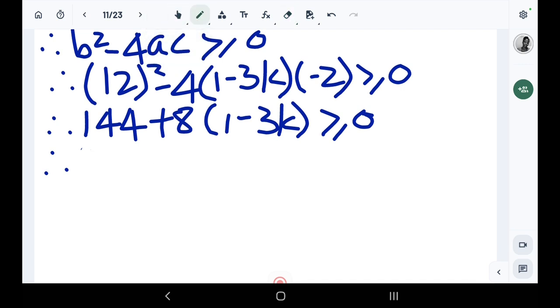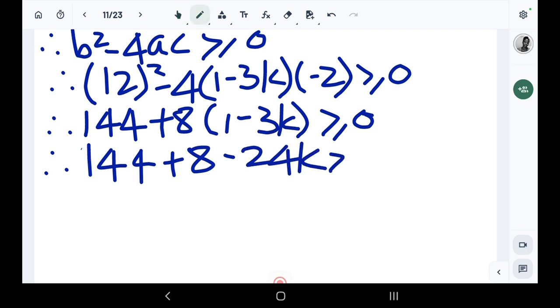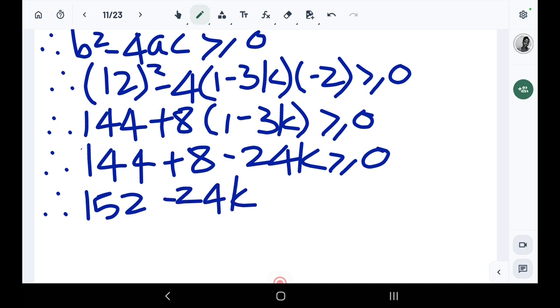So that's 144, then when we expand this, that is 8 times 1, so that is plus 8. And that is 8 times negative 3k, that is minus 24k. This is greater than or equal to 0. Therefore, 144 plus 8, that is 152, minus 24k is greater than or equal to 0.